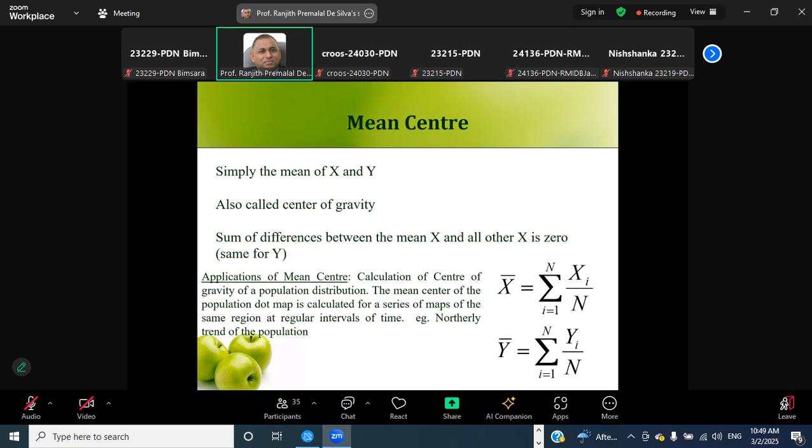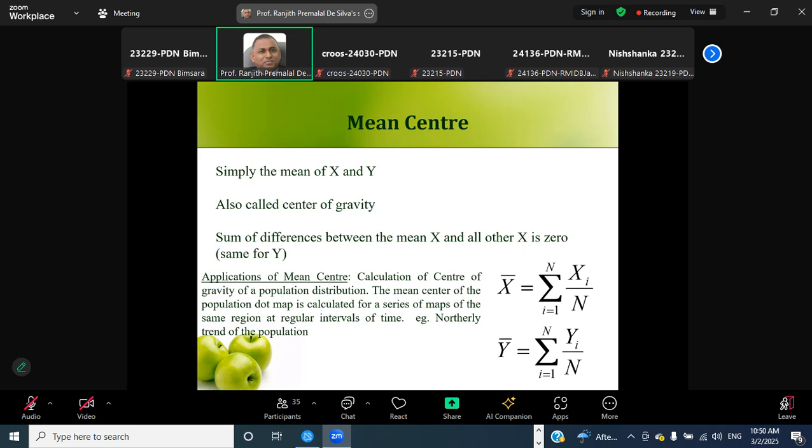That is how people are distributed around the country in terms of x and y coordinates. So you get all these coordinates, average them and get the mean center.